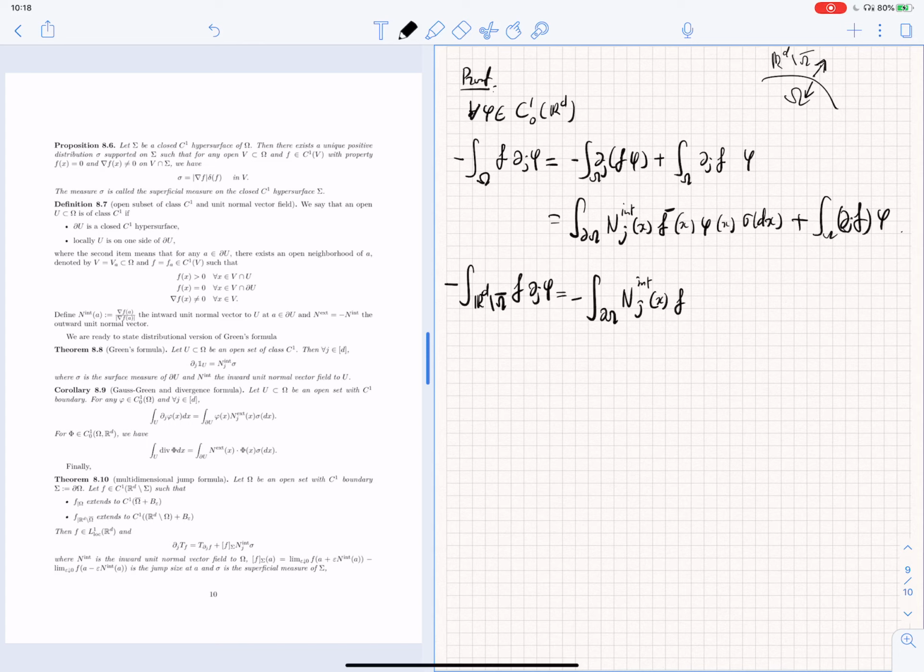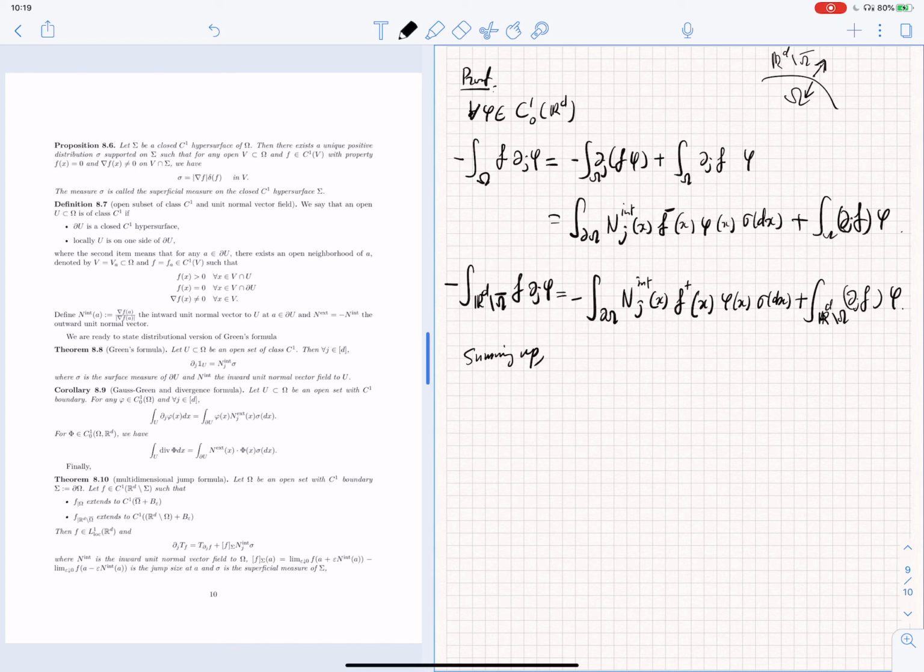Then the approximation of the value of the function from inside this open set gives the value f plus, which is different from f minus, times phi of x, sigma dx. On the other hand, we have the same thing, but now on R^d subtract omega bar, the integral of d_j f times phi.